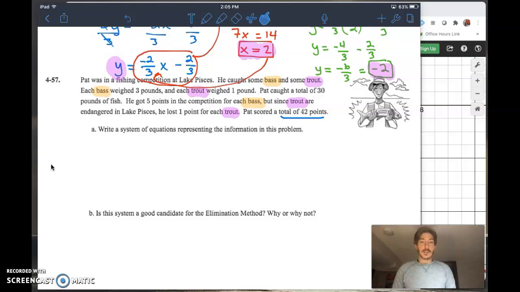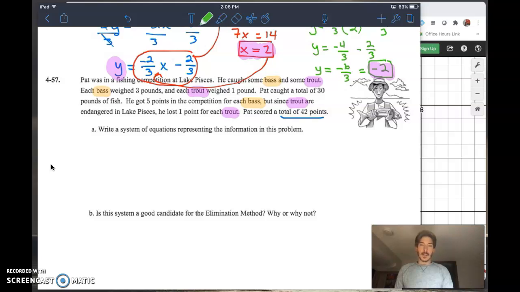He got 5 points in the competition for each bass, but since trout are endangered in Lake Pisces, he lost a point for each trout. He scored a total of 42 points. All right, I went ahead and identified the variables that we're going to be after. It says write a system of equations using the information in this problem.